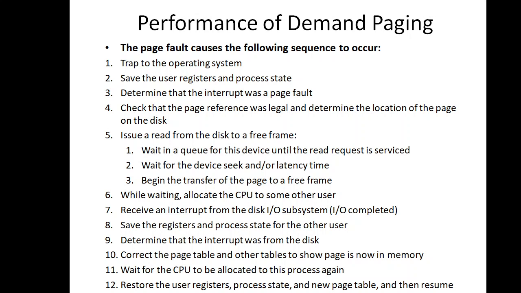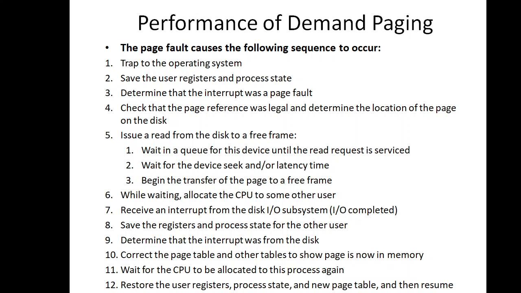Then check that the page reference was legal and determine the location of the page on the disk. After that we should check whether the memory reference we made was legal, and we should determine the location of the page on the disk. Since it is not in the main memory, we should search for it on the disk.